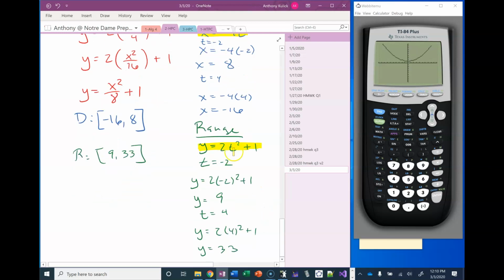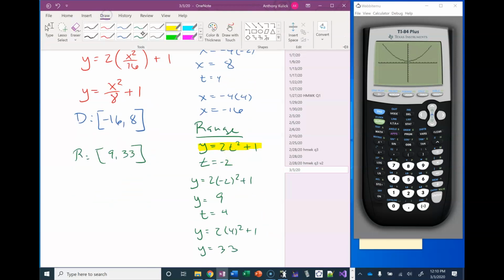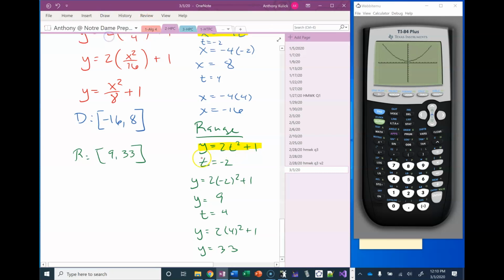So I actually don't want to use t equals -2. That's not going to be the lowest point on my parabola. What is the vertex? What value of t gives me the vertex for y equals 2t squared plus 1? You should be able to look at that and just tell me.